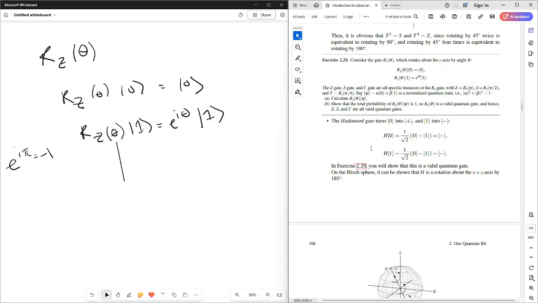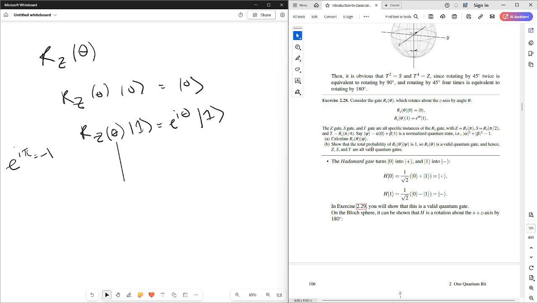So it leaves 0 as 0, and then it applies this phase to the amplitude. In the case of the Z gate, it's using theta equals pi, so that's -1 times state 1. Then pi over 2, pi over 4, etc.